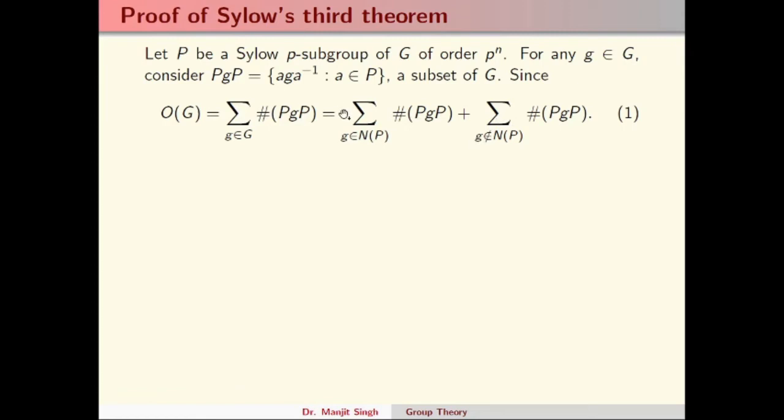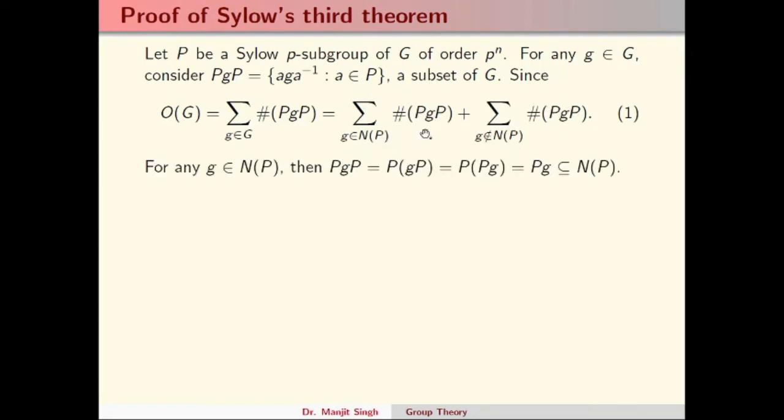Now we will determine the number of elements here and the number of elements here. To determine the first summation, g belongs to N(P), we take g belongs to N(P), then PgP can be written as gPgP, because Pg can be written this way; we can use associativity here.